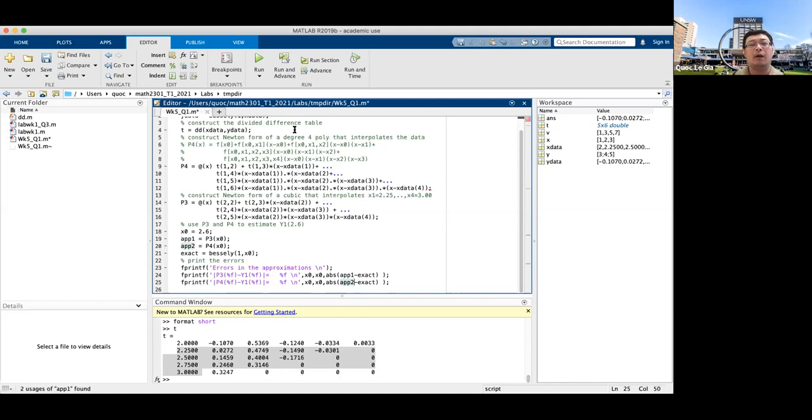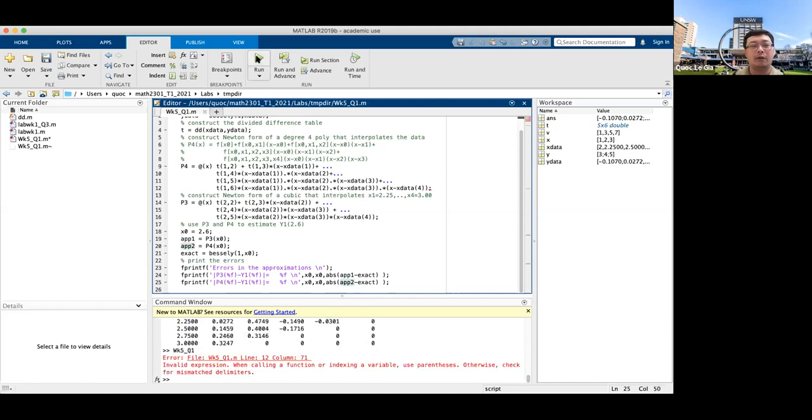Now let me run it. If I run it, something is wrong: line 12, column 71.